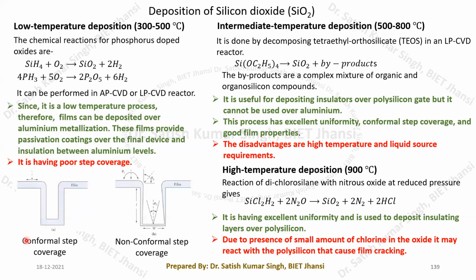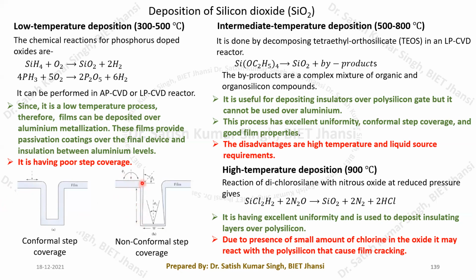If this is the case, it is called conformal step coverage, which is a very good step coverage. But because it is having poor step coverage, the meaning is it is a non-conformal step coverage. So what does it mean? Sometimes what happens, if we deposit this SiO2 layer onto this type of structure, we'll find that here the thickness is different, and here this thickness is different.